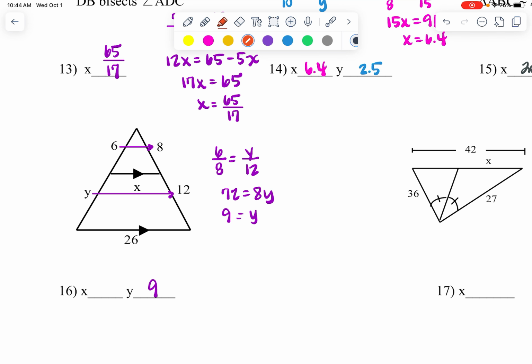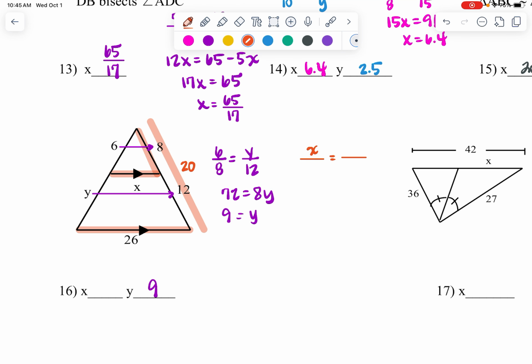Now, x, unfortunately, is a totally different story because x is that whole length, and it corresponds to this whole length, which means if I'm doing whole is to whole, and then I pick this side, which is also the whole side of the smaller triangle, I have to make sure I'm picking the whole side over here. I cannot use the 12 because it would be my only partial in the proportion, and I cannot just have one partial side in a proportion because that would mean that my entire problem is completely inconsistent with itself.